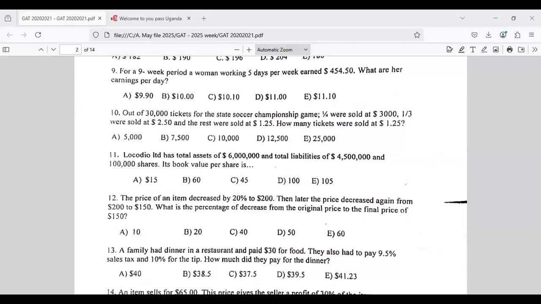And among these 30,000 tickets, a quarter are being sold for 3,000 US dollars, a third at $2.5, and then the rest at I think 1.25.